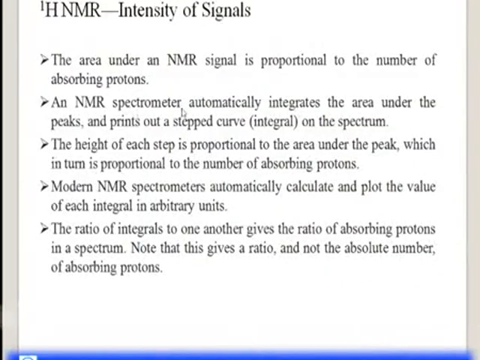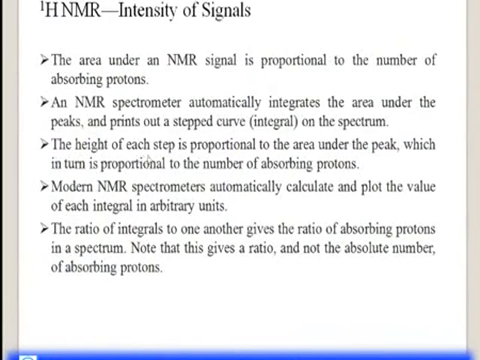Now the intensity of signals. The area under an NMR signal is proportional to the number of absorbing protons. An NMR spectrometer automatically integrates the area under the peaks and prints out a stepped curve, or we can say the integral, on the spectrum.